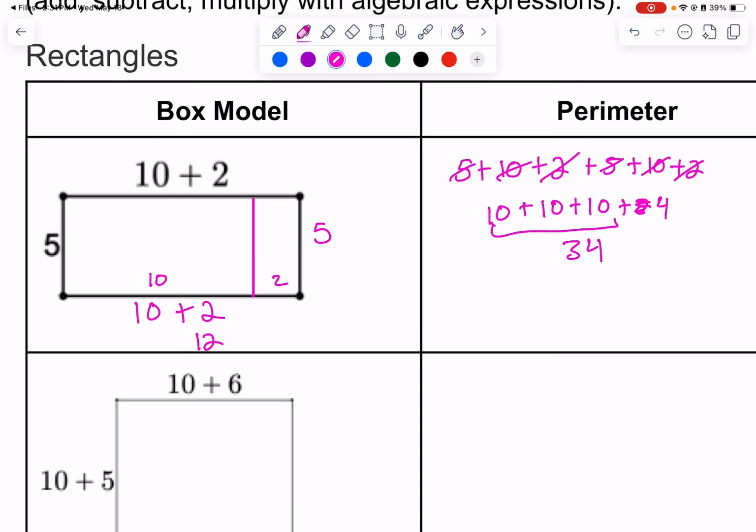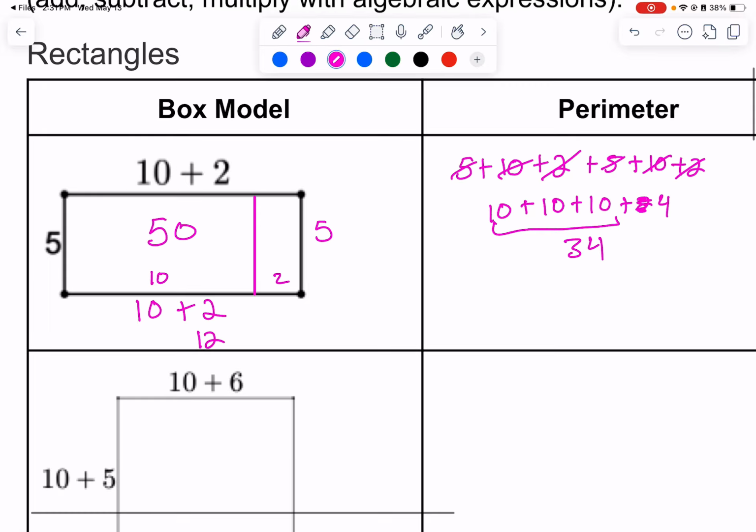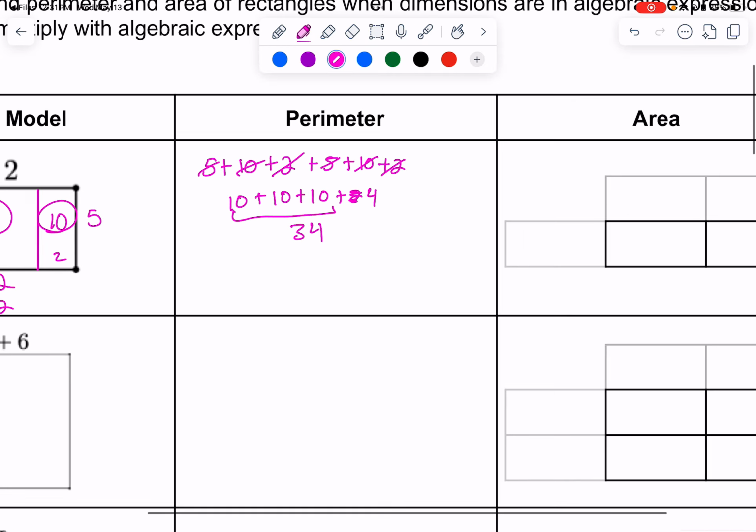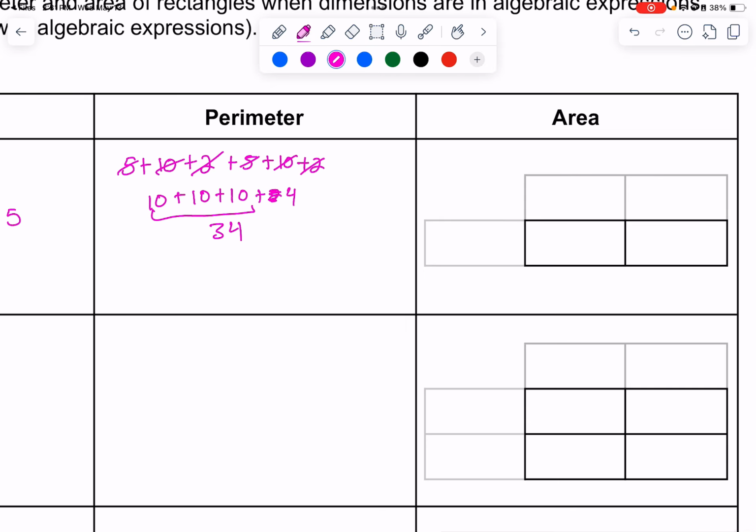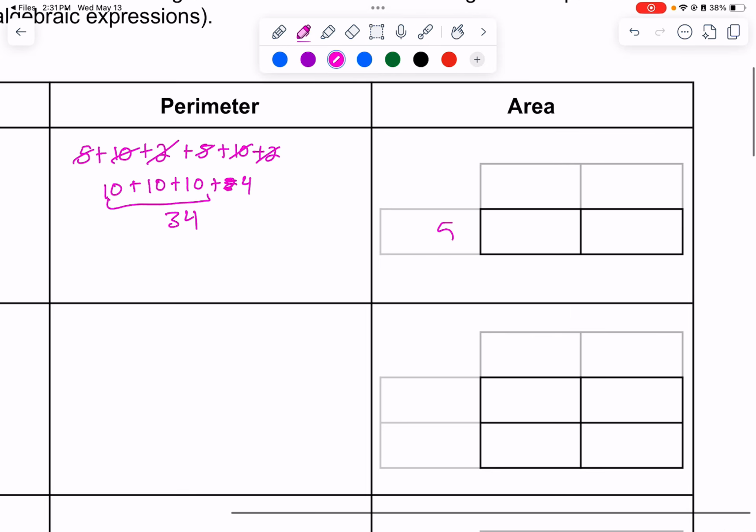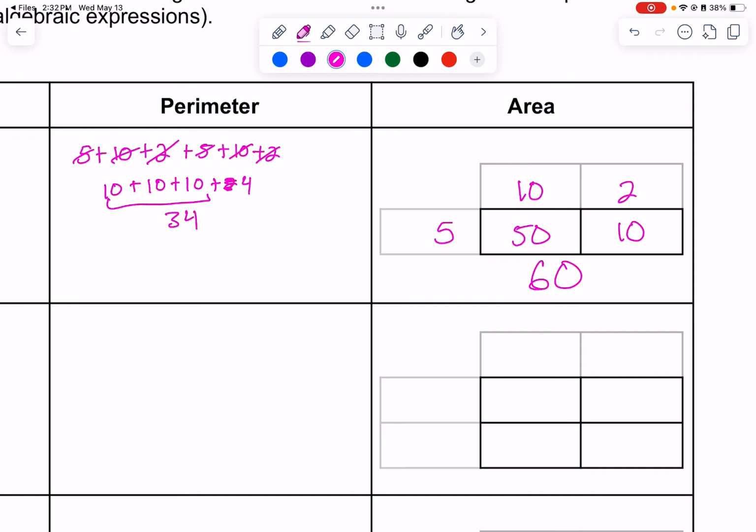And 5 times 10 is 50. 5 times 2 is 10, and I can add those two things together to give me the area. So I'm going to write that over here. I have a 5, and then I have a section that's 10, a section that's 2. The 5 times 10 is 50, 5 times 2 is 10. Added together, that gives me a total area of 60.